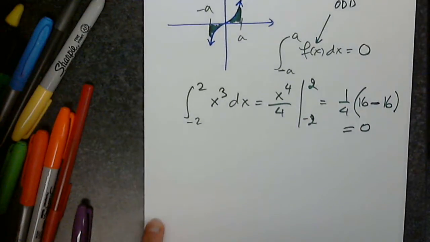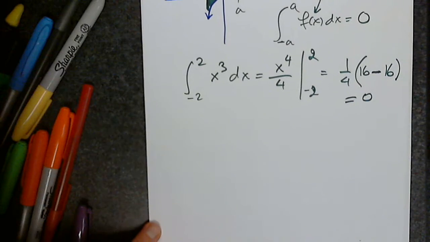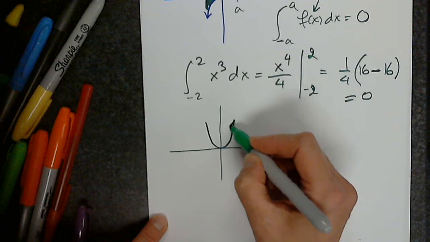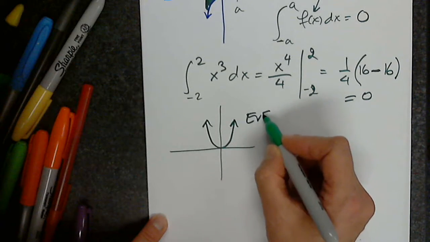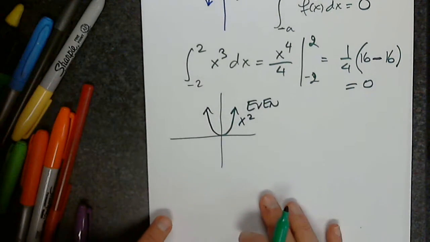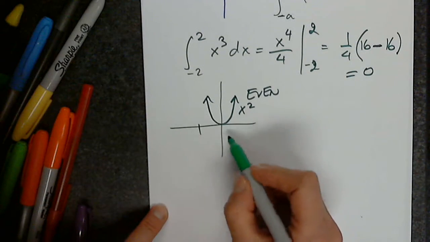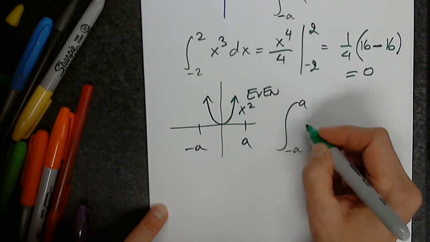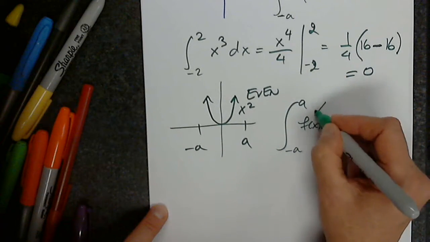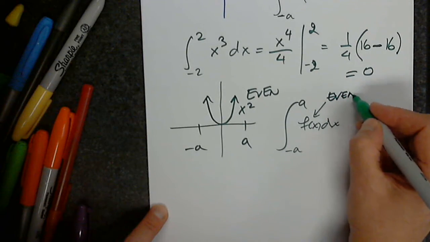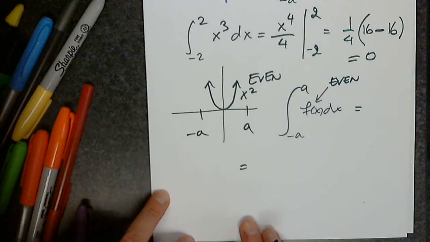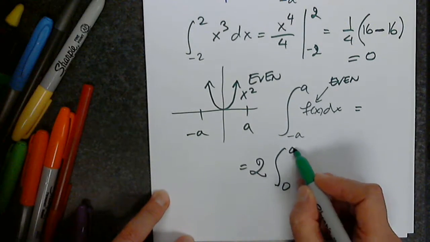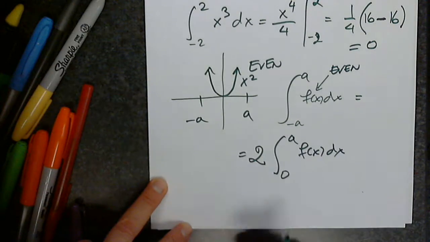Now, can anyone give us an example of an even function? x squared. Very good, excellent. So here's x squared. This is an even function. Let's say the same thing, negative a to a. The integral from negative a to a of f of x dx, where f of x is an even function, will equal twice the integral from 0 to a of f of x dx.